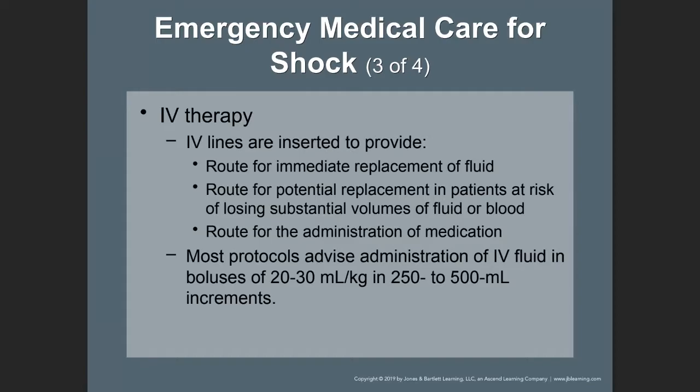And there are some patients that we don't want to get a normal blood pressure. We actually want to keep the systolic within the 90 to 100 range, specifically patients with internal bleeding. So it's very incremental and it's very specific based on the type of patient. We will go deeper into that as the course progresses.